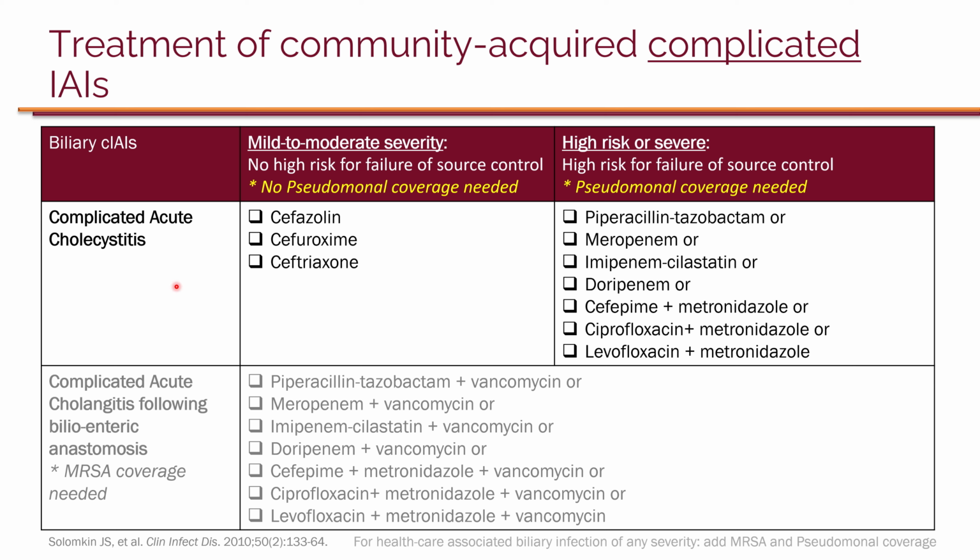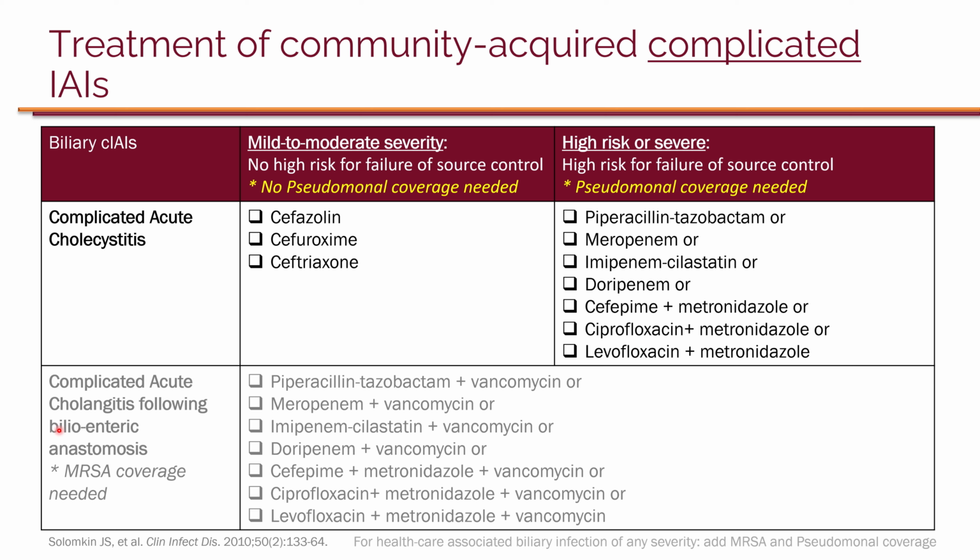Now, for cholecystitis, there's no need to cover Bacteroides specifically for these mild to moderate severity patients, and obviously no pseudomonal coverage. For high-risk patients, there is a need to cover Bacteroides as well as Pseudomonas. So piptazo, carbapenem, cefepime plus metronidazole, or fluoroquinolone plus metronidazole.